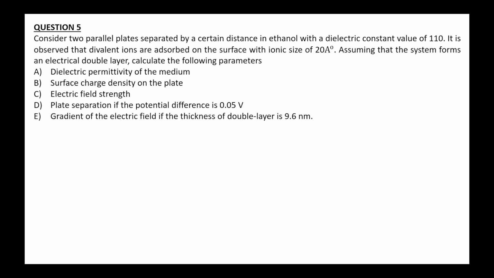They are asking us to assume that the system forms an electric double layer, and to calculate parameters like dielectric permittivity, surface charge density, electric field strength, plate separation if the potential difference is 0.05, and the gradient of the electric field if the thickness of the double layer is 9.6 nanometers.